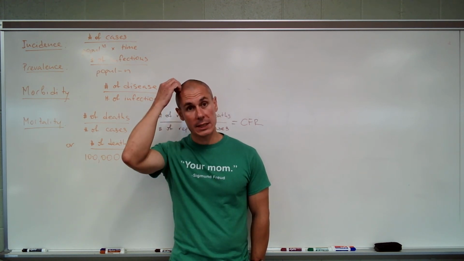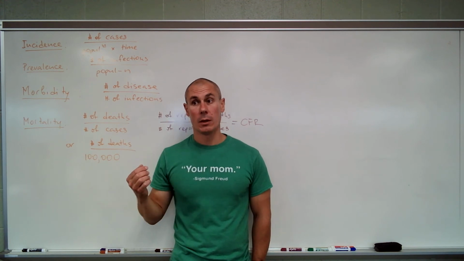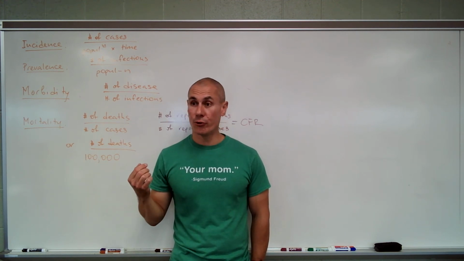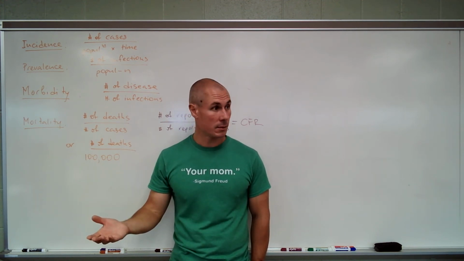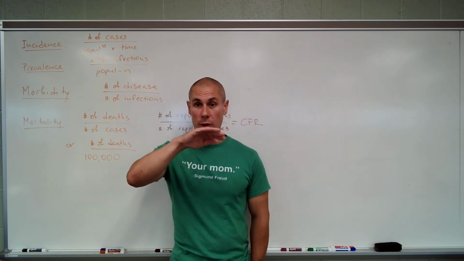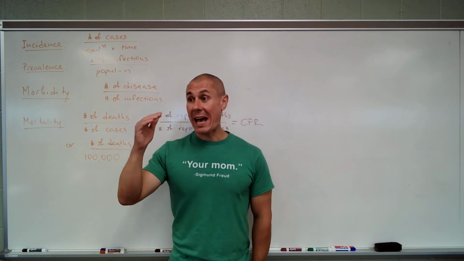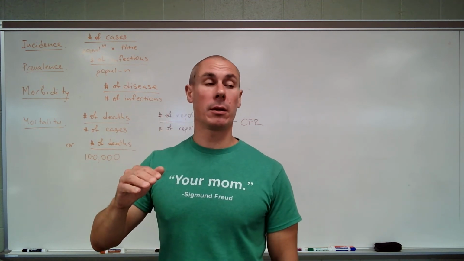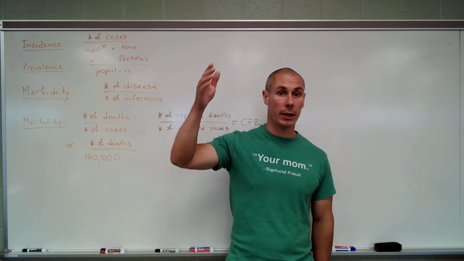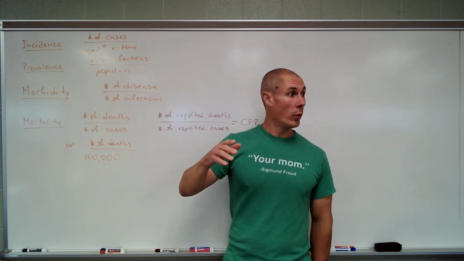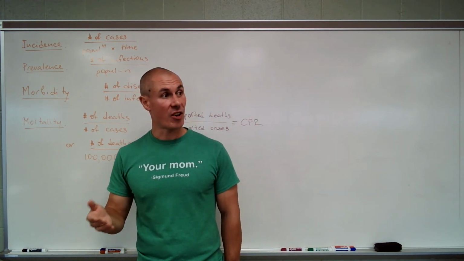So, let's say every year we expect flu. We expect a certain number of infections every year. If the actual number in one particular year becomes much higher, are you following me? We call it an epidemic, a flu epidemic.